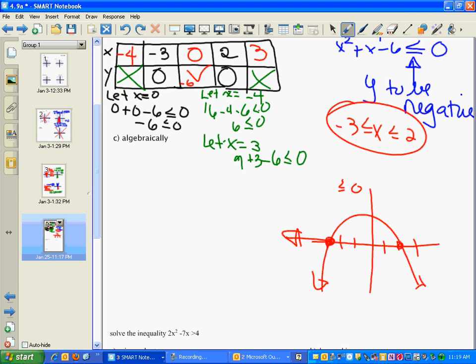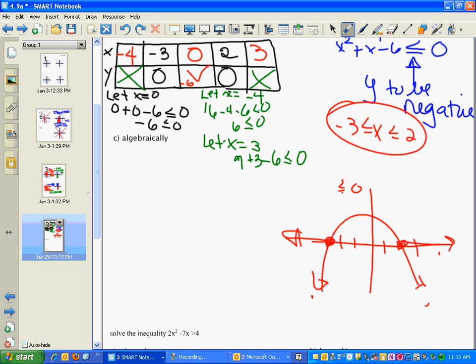Here and here. It'd be or statements. I don't want the x values in between that. I want them going out. Because to go out gets me down to get to my graph, which is negative. And to go right gives me down to go negative. Because I'm looking for negative values.